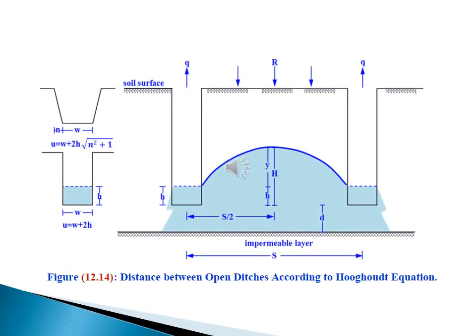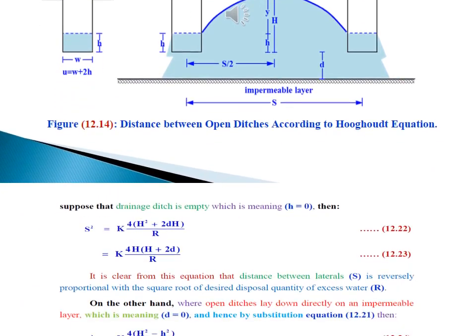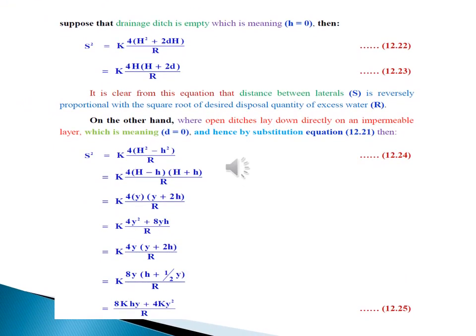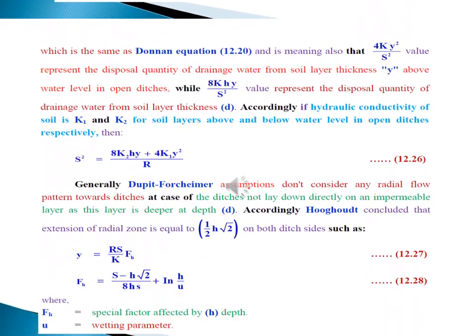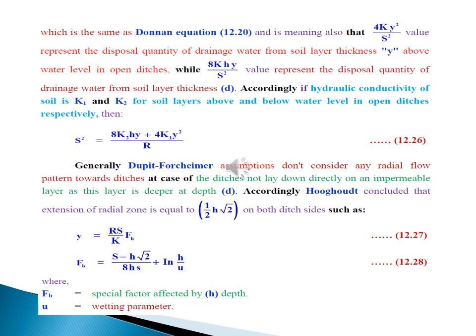Figure showing distance between open ditches according to Hooghoudt equation. Look, my dear, the rest of the calculation of the Hooghoudt equation. My dear, as you see, the net result of the Hooghoudt equation is the same as the Donnan equation, as shown in front of you.